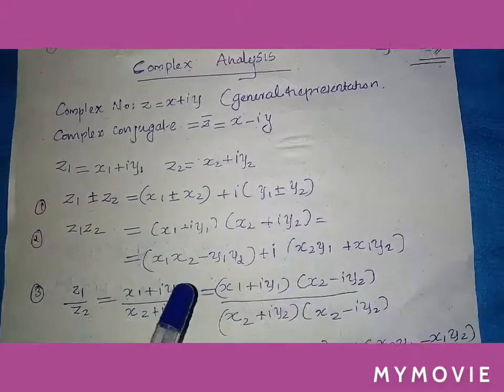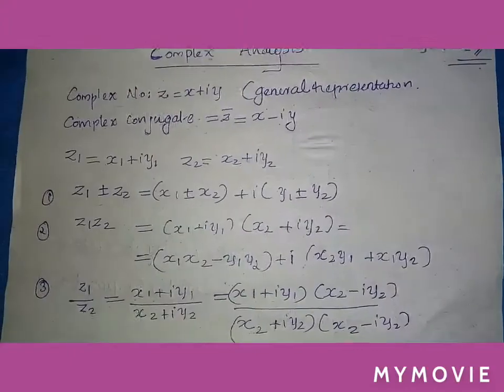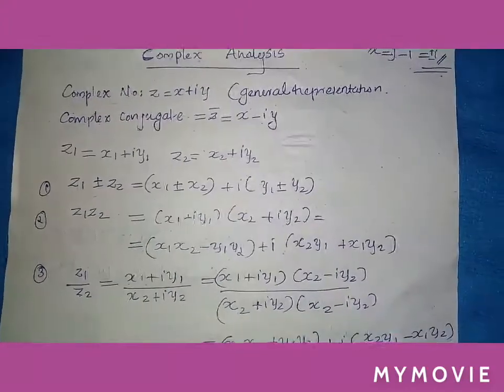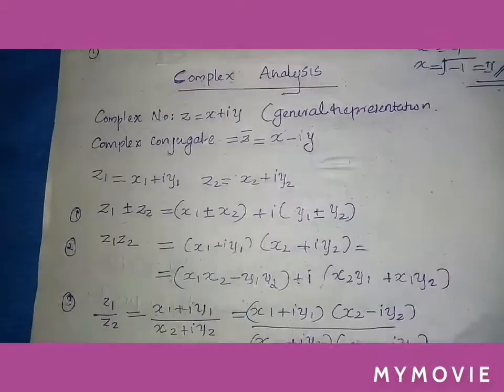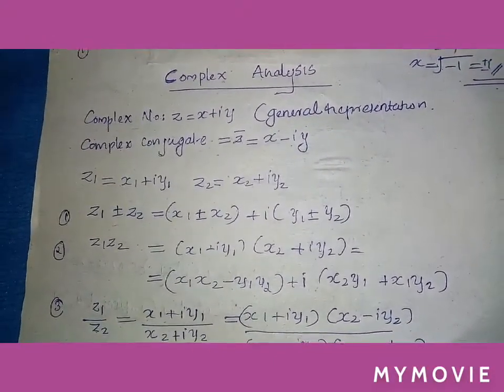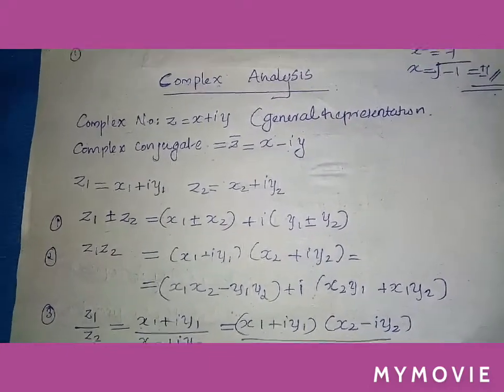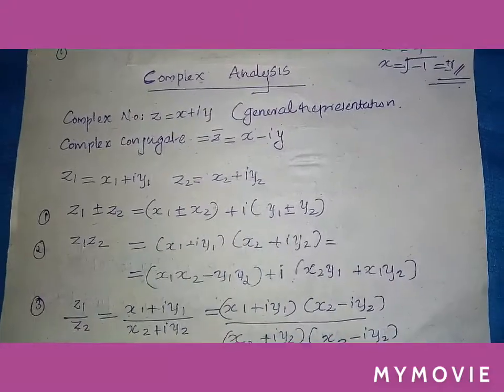From that we get a real part and imaginary part, that is x1 x2 minus y1 y2 plus i into x2 y1 plus x1 y2. Whether it can be learnt by heart or it is very easy, just multiply, just the distributive law.